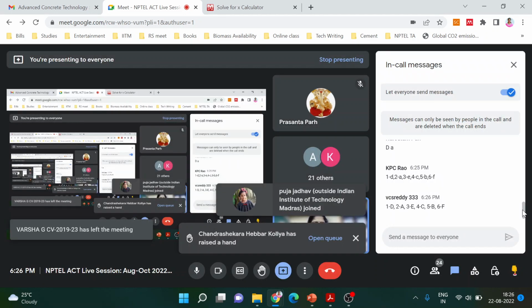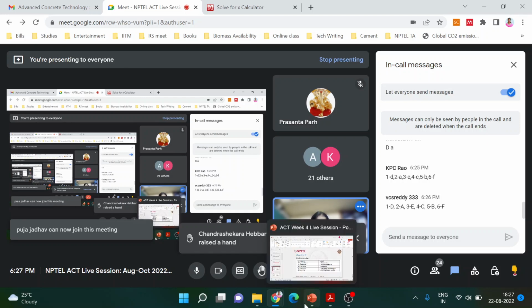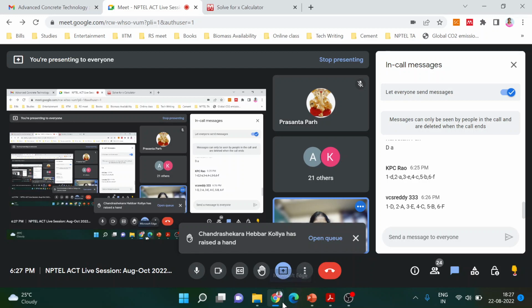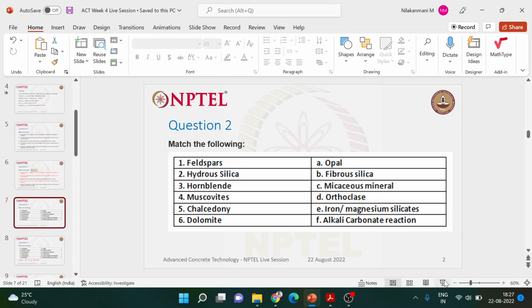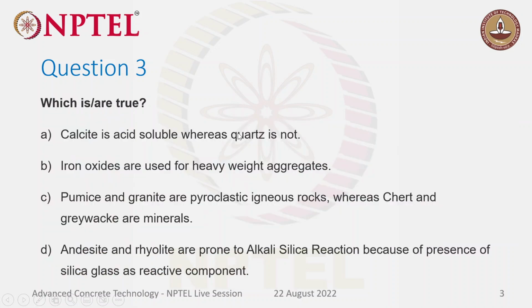Okay, we don't have enough time, so let me share the solution now. Let's see whether you have given the right answer. Yeah, you have given the right answer.